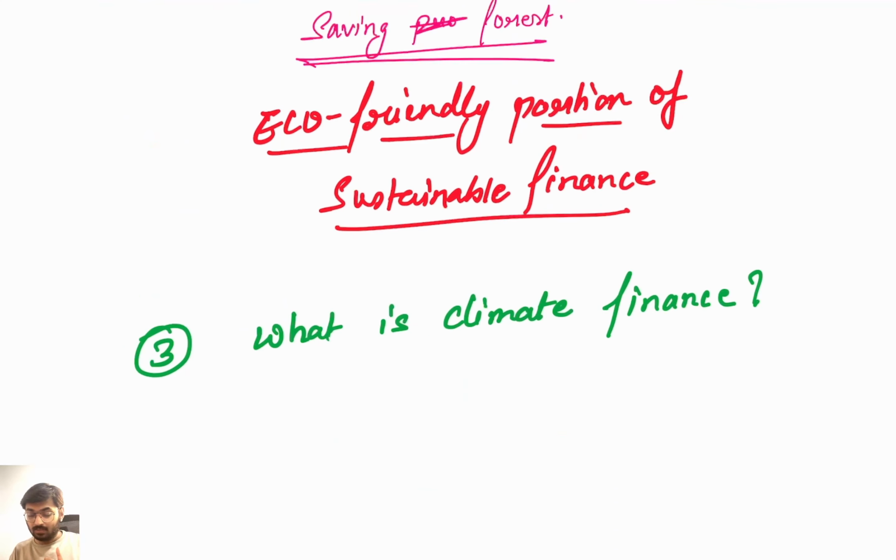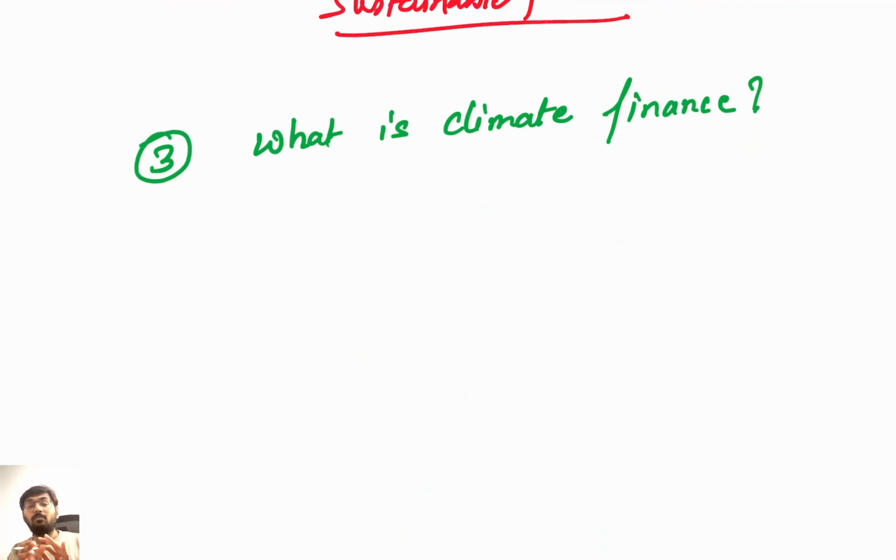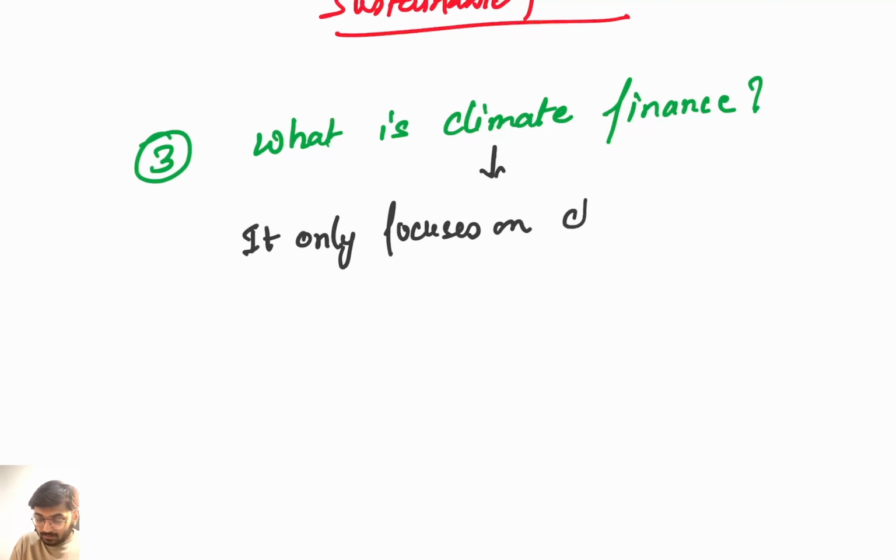Now is your climate finance. This is again part of your sustainable finance, but it only focuses on climate related issues. So write down, it only focuses on climate related issues.